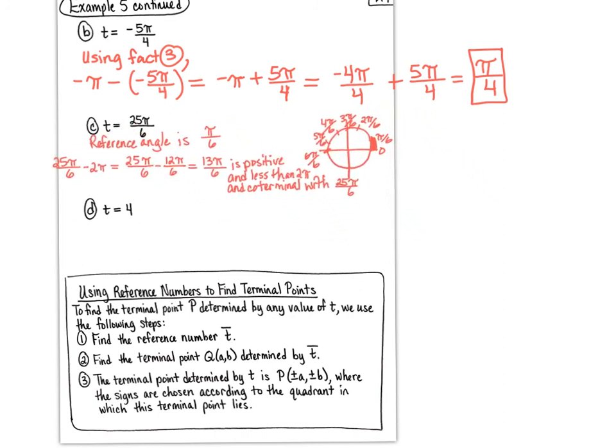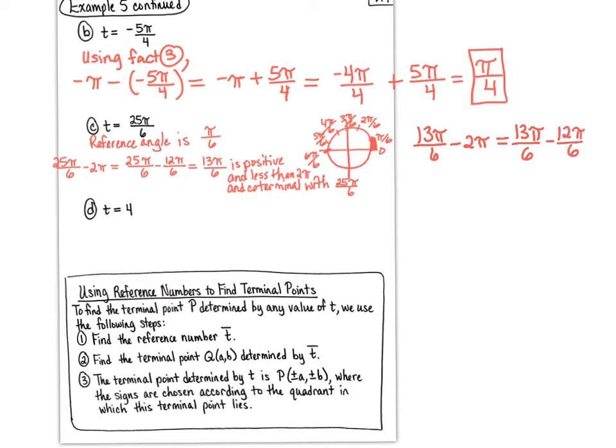So we're not done. We have to do a little bit more work. Now we have to take 13 pi over 6 and subtract 2 pi again. And what do we get? We have 13 pi over 6 minus what? Minus what? 12 pi over 6, good.